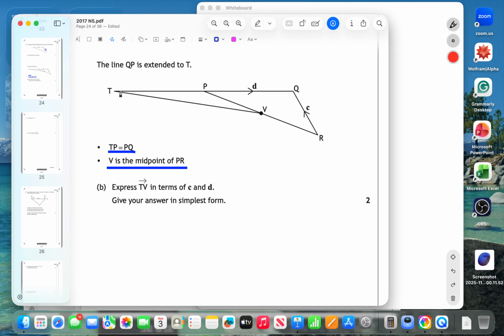That would be the easiest way. I suppose you technically could also go TP, PQ, QR, then back up to RV, and you would get the same answer, but that's complicated and it takes a lot more working out than you need to.